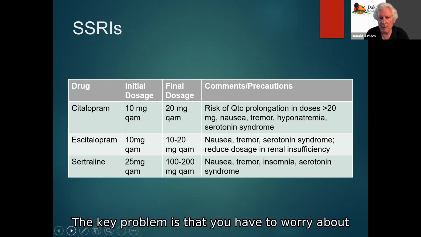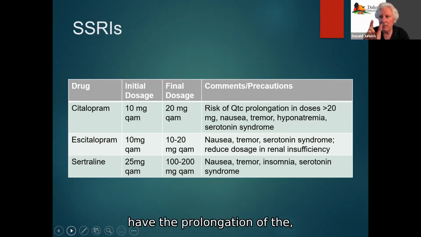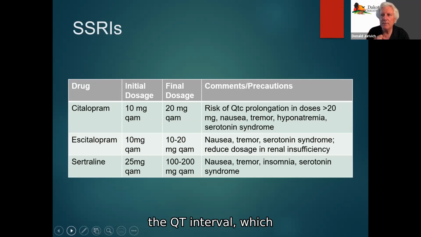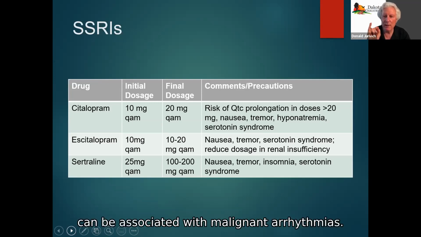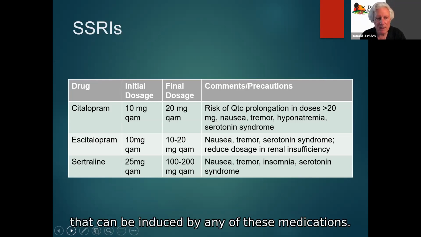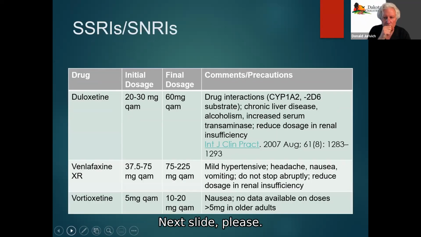The key problem is that you have to worry about the EKG and make sure you don't have prolongation of the QTc interval, the QT interval, which can be associated with malignant arrhythmias. And again, emphasizing the low sodium that can be induced by any of these medications. Next slide, please.